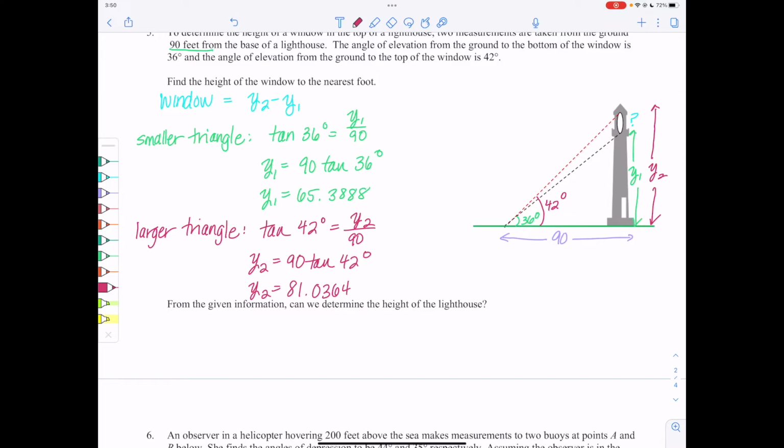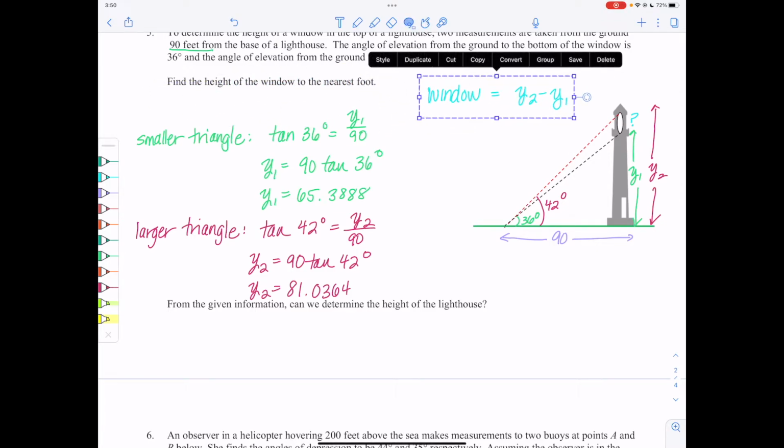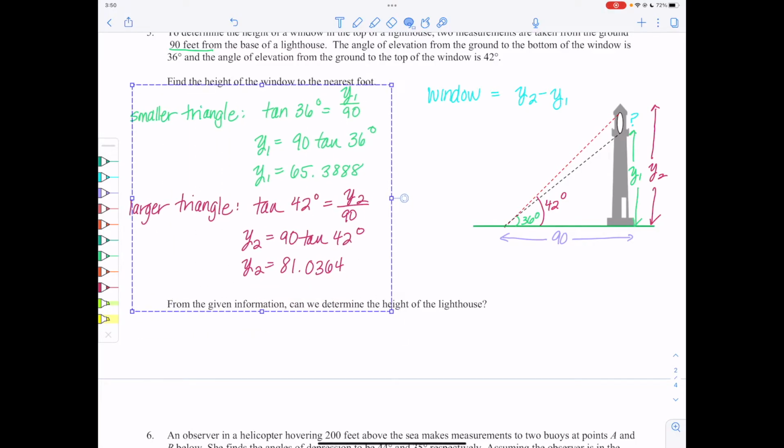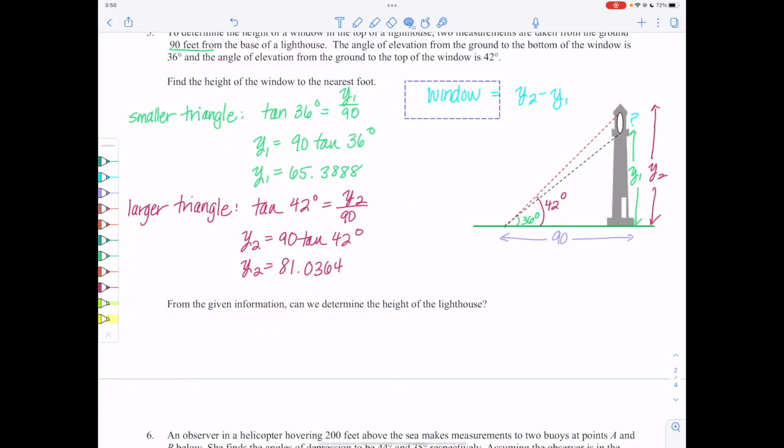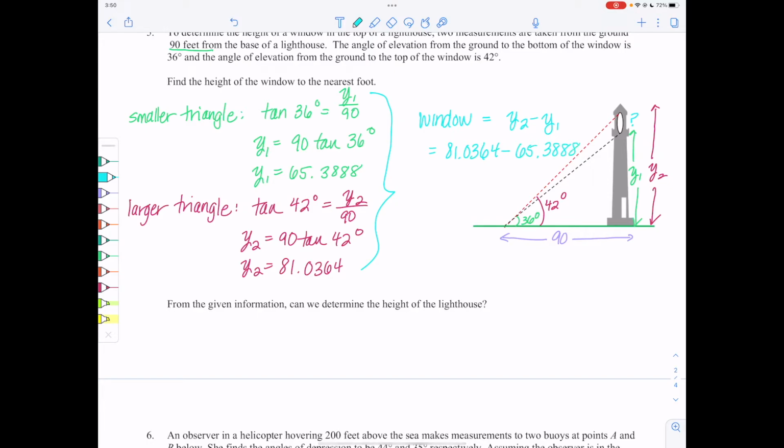So now this window measurement is going to equal 81.0364 minus 65.3888, and we come up with 16 feet.